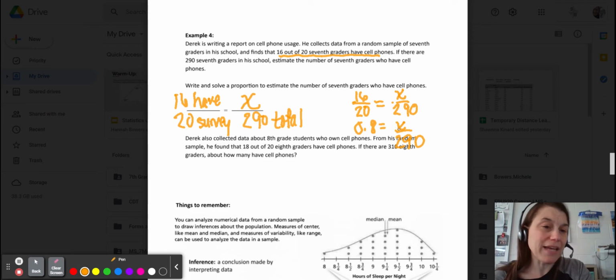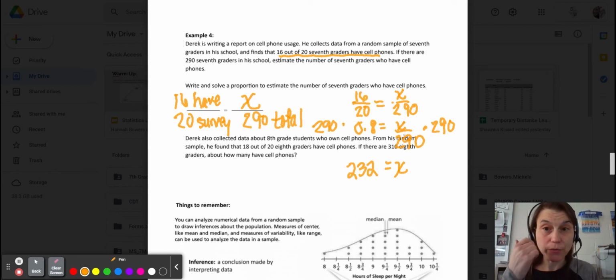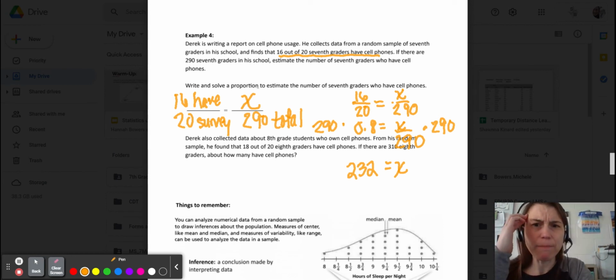If I'm dividing x by a number, the opposite of divide is to multiply. So I'm going to multiply by 290 on both sides, and then I get 232.